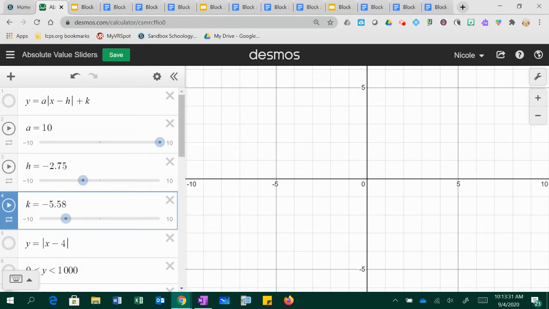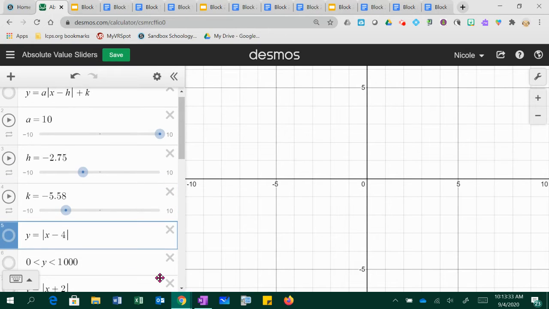So if I hop back over to Desmos real quick and pull up x minus 4, there it is. Notice it's slid to the right. So even though there's a minus in x minus 4, the graph still slid to the right, so we call that a shift to the right. And we don't have anything in front of it, we don't have anything behind it, so there are no other transformations.